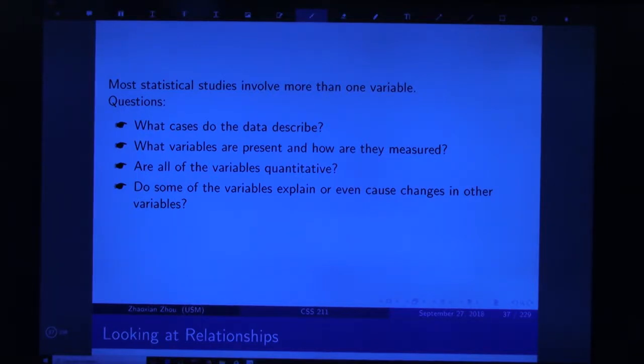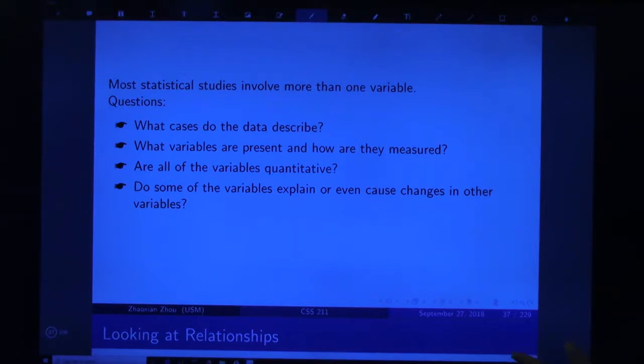The third one is are all of the variables quantitative? These three questions look relatively simple. And the next question is, do some of the variables explain or even cause changes in the other variable? This one looks easy too, but actually this one is very difficult in some situations.